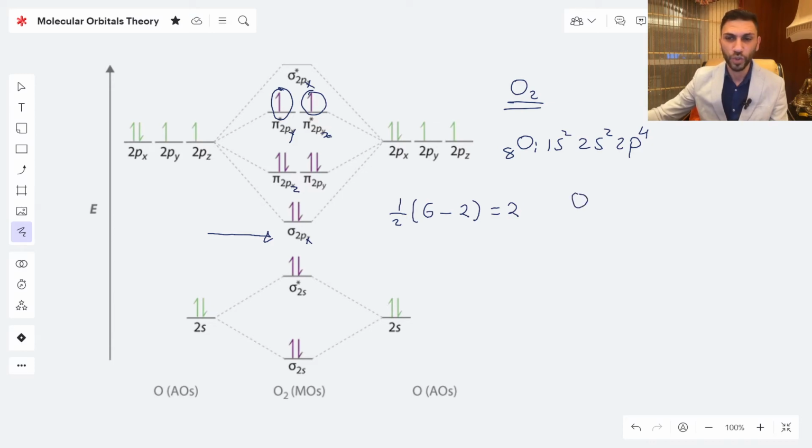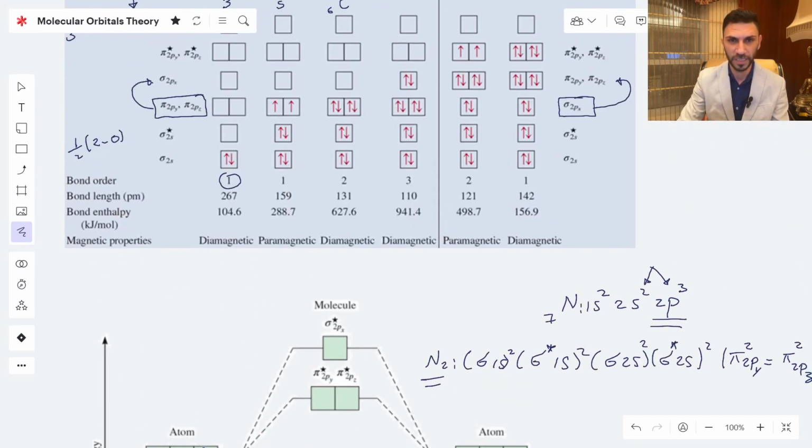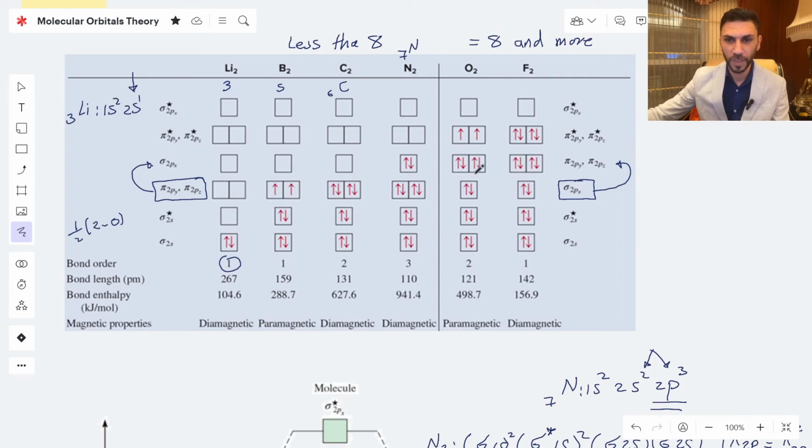And we know that the oxygen, because it has 6 valence electrons, is going to have a double bond with the other oxygen atom. That's why the bond order equals 2 in this case. The bond order is 2. And of course, this molecule is going to be paramagnetic because we have single, or unpaired, electrons.